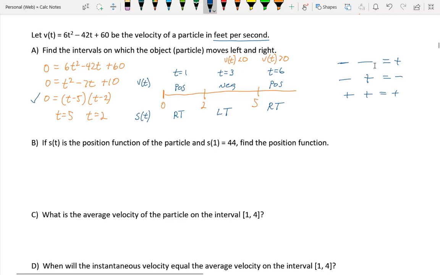Okay? So it did ask for what intervals, so we should write something out nicely here. So we're going to say, let's see, I'm going to erase over here, scratch work.